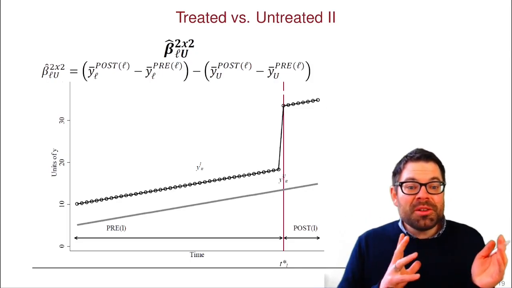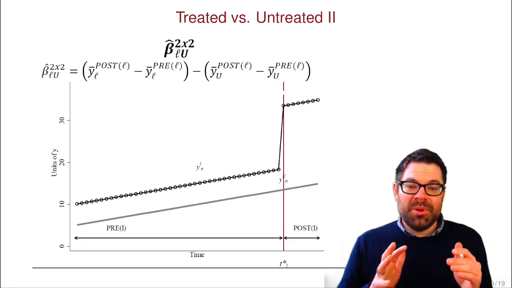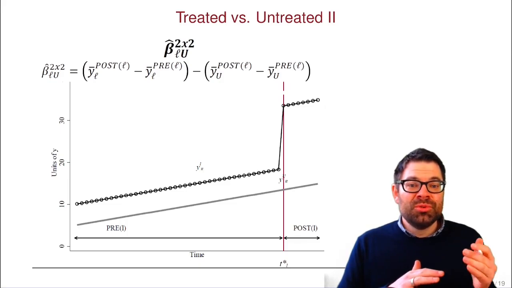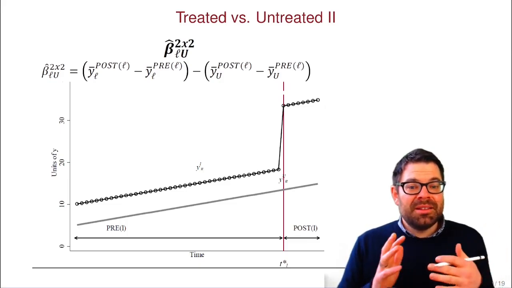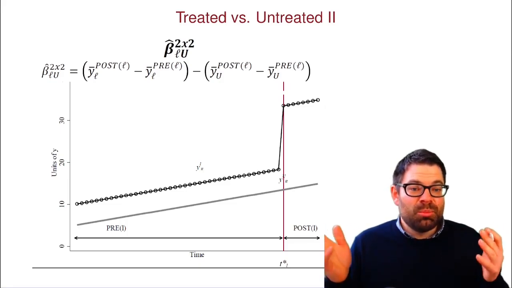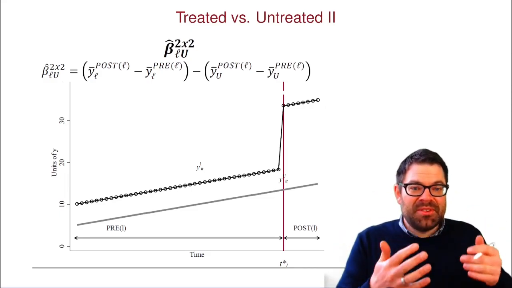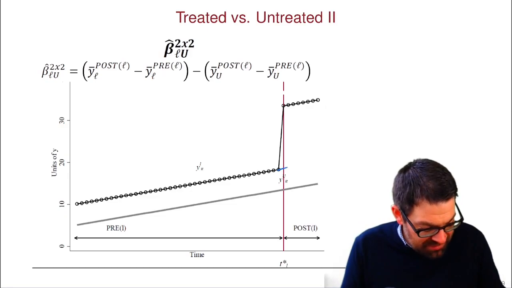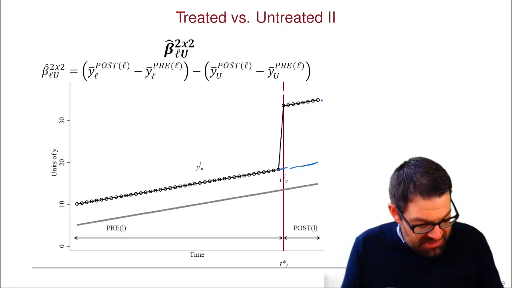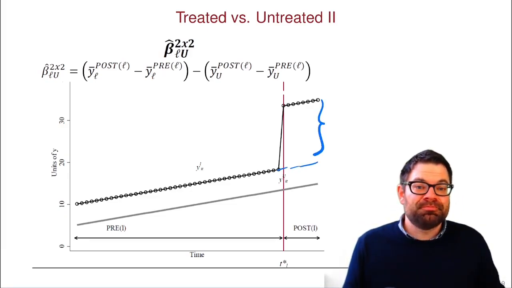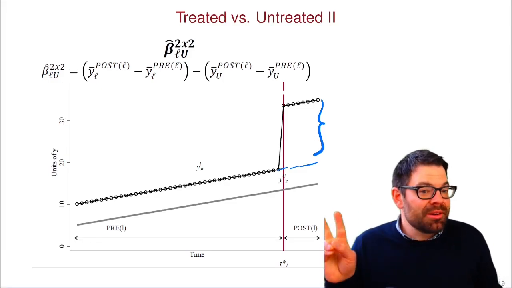So it's the 2x2 comparison. You compare the non-treated to the later treated, and then the difference in differences gives you the size of that treatment effect. So basically of that gap here. Okay, so these two are clear.